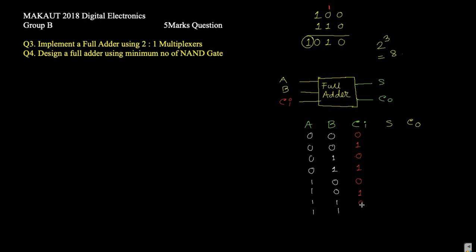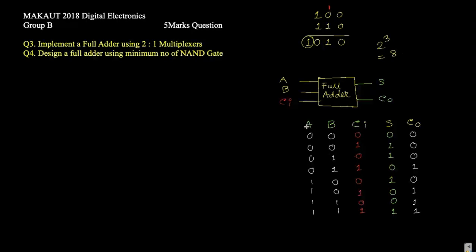Now if you add these numbers, then the sum should be 0 1 1 0 1 0 0 1, and the carry is 0 0 0 1 0 1 1 1.